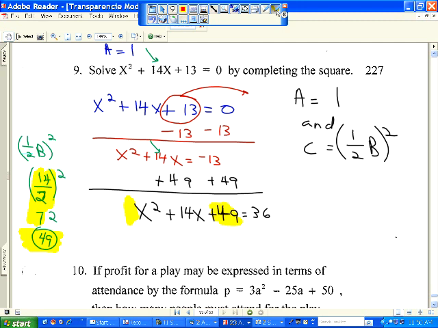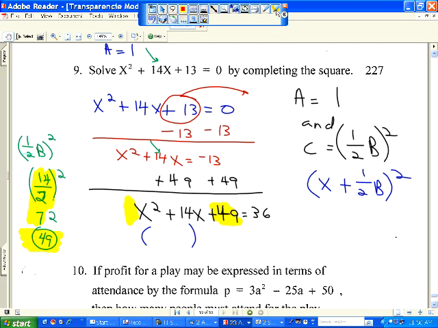What does a perfect square trinomial factor into? It factors into x plus whatever 1/2 of b was quantity square. That's what it factors into. X plus whatever half of b was square.